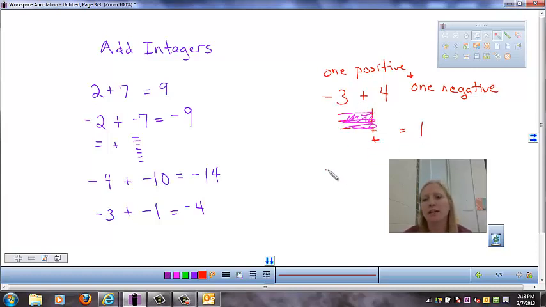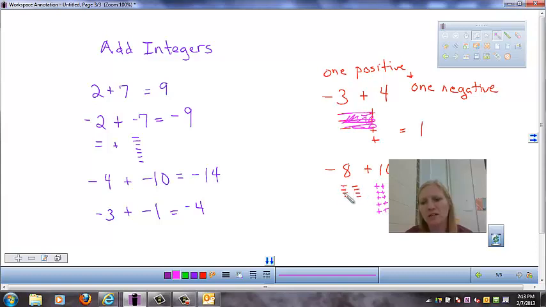So I'm going to try negative 8 plus 10. So 1 negative, 1 positive. I'd have 8 negative signs, and then I'd have 10 positives. So I'd have plus, plus, plus, plus. I'd have lots of positives. I don't know if I can even write them all down.